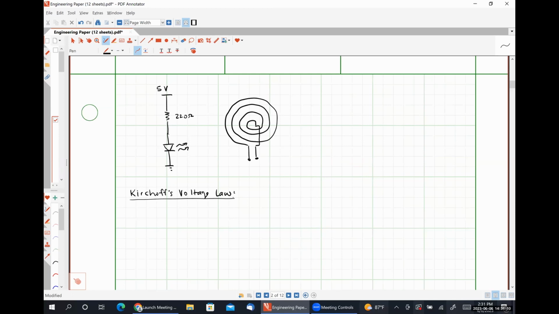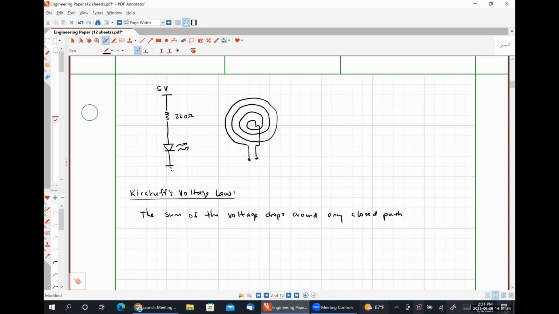Kirchhoff's voltage law effectively states that the sum of the voltage drops around any closed path.